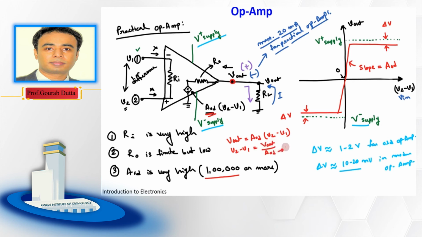Now this A of OD is a very large number, whereas V output is governed by the supply voltage, which may be 5 volt or 10 volt, maybe even smaller than that, and this is maybe 1 lakh or even more. So what you can see is that V2 minus V1 is quite close to 0, or that means V1 is actually equal to V2.